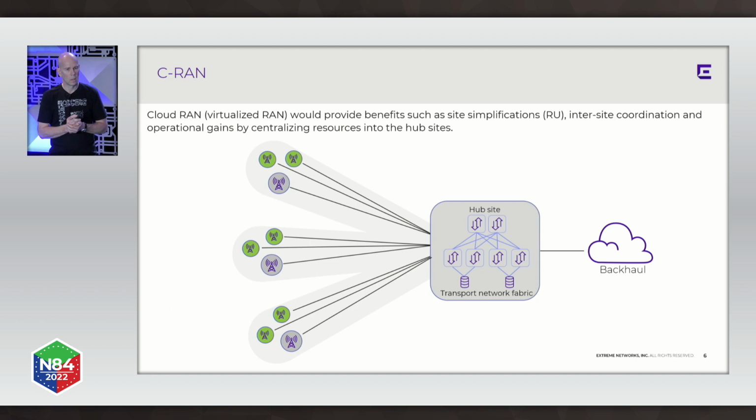This builds an overall picture, as I mentioned on my first slide, that 5G is going to have a huge difference compared to the previous generations of mobile networks in regards to the transport part.